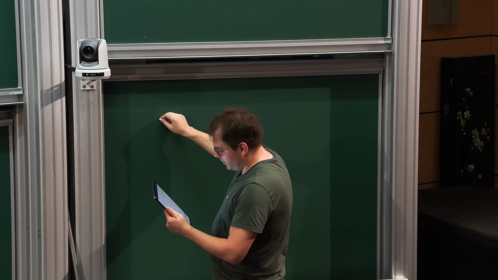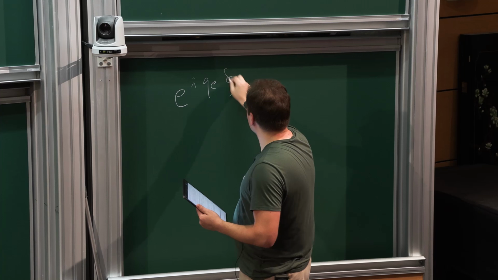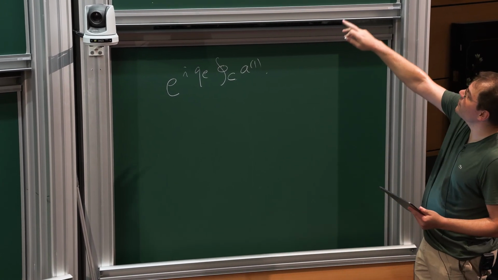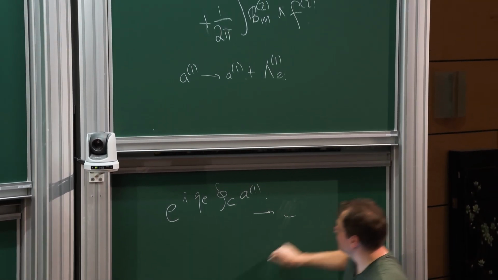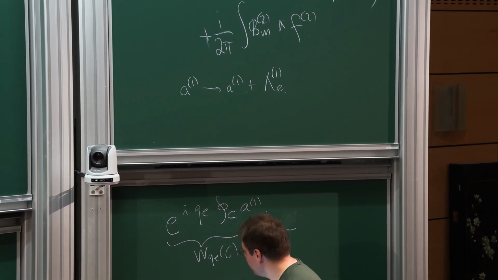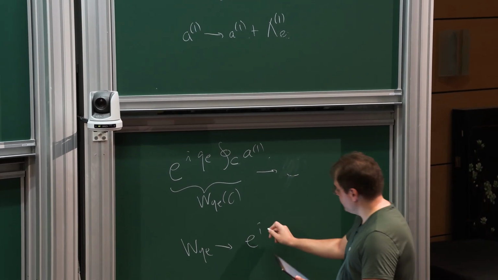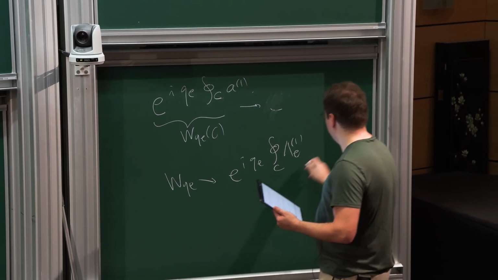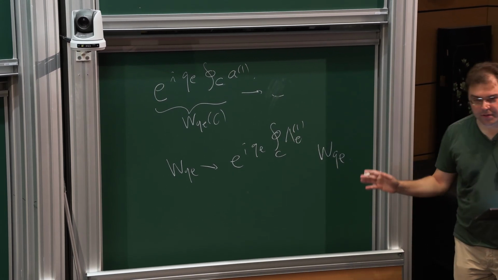So the Wilson loop is e to the i Q_E times this, right? And if I do this background gauge transformation, then, let's call this W, W_QE shifts by e to the i Q_E times the integral of lambda E around the loop, times W. Now, this is the transformation under a background gauge transformation.